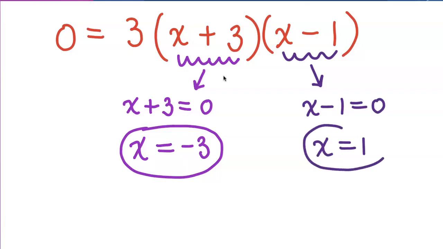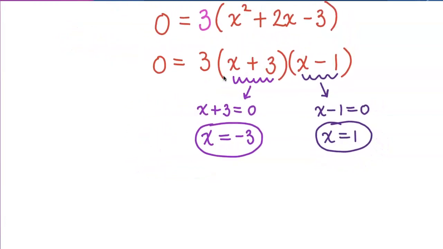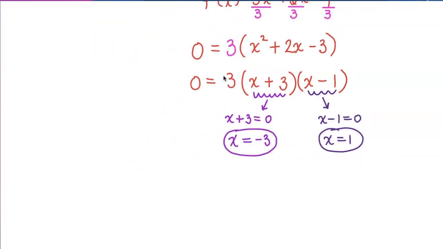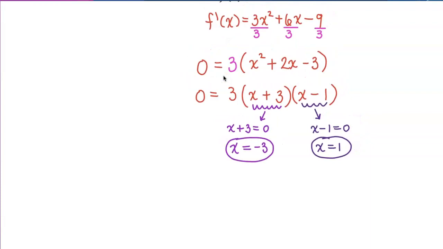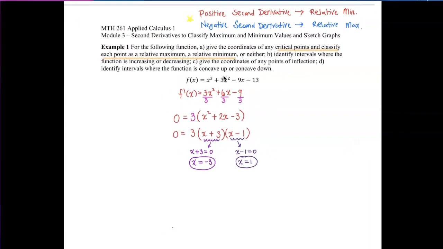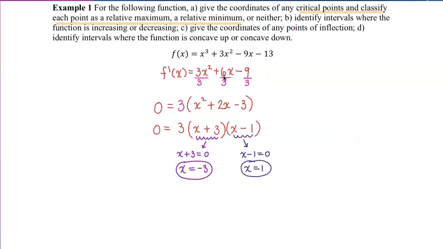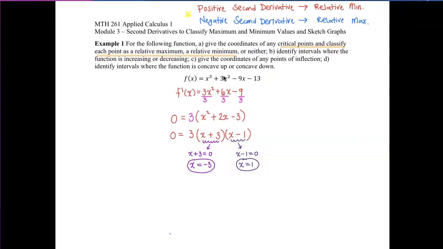Now, in the first section, we set up a number line to check the sign to the left, to the right, and in the middle of these two critical values. I'm going to use the second derivative test. You ready? We're going to find the second derivative and plug in these numbers. If it comes out to be positive, we're going to say that's where relative minimum happens.